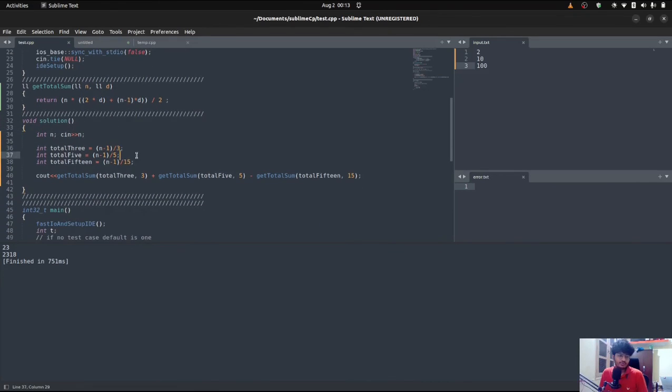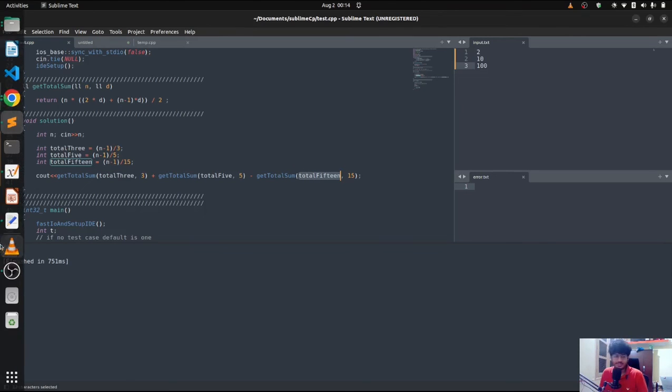I have calculated the total multiples of 3 inside n and the total multiples of 5 inside n, and we are taking n minus 1 since the question is saying that we should go strictly lesser than n. After getting the number of multiples of 3 and of 5 inside n, we are simply calling the sum formula for 3, the sum formula for 5, and subtracting the sum formula for 15, and this is how we are getting the answer.